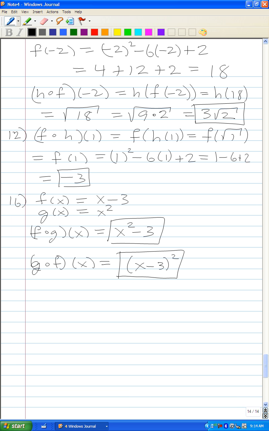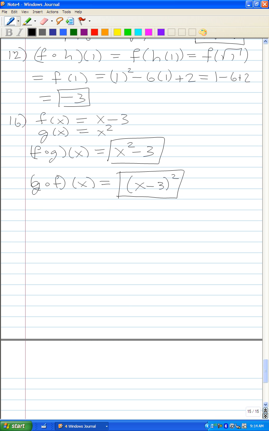Let me do problem number 20. F of x equals negative 4x. G of x equals x cubed plus x squared minus 6. Let's determine f composed with g at x. So wherever I see an x in the formula for f, I replace every x by the formula given by g. So I replace x by x cubed plus x squared minus 6.